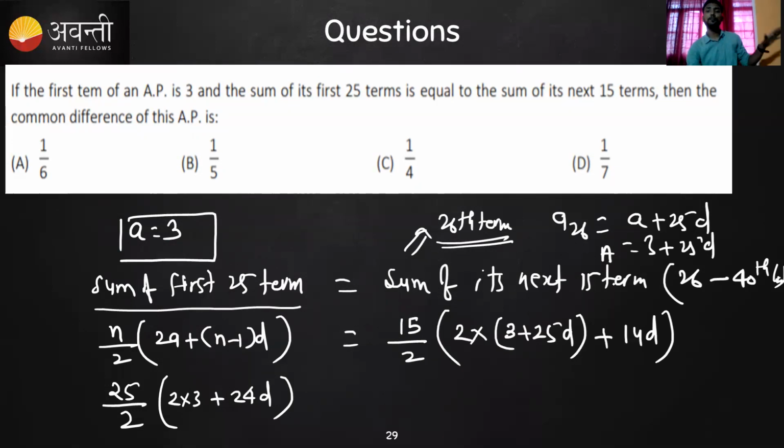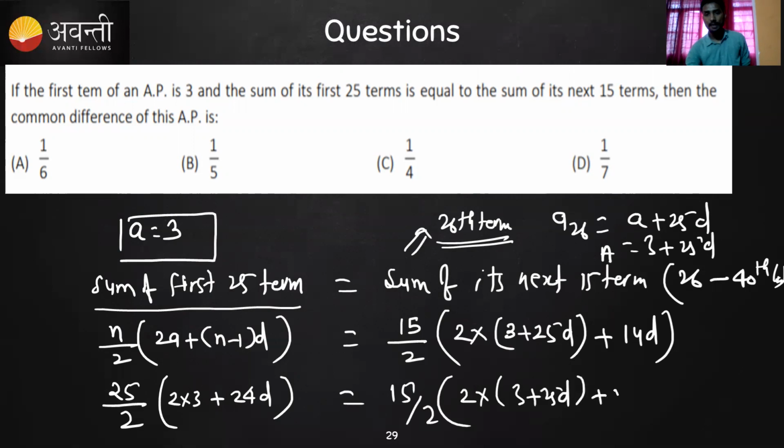You can also find the first 40 terms and first 25 terms and then subtract to get the sum of the next 15 terms, but it will take a lot of time. So first you try to find this 26th term, that will be the first term of this AP from 26 to 40. So from here you can simply simplify all these things.